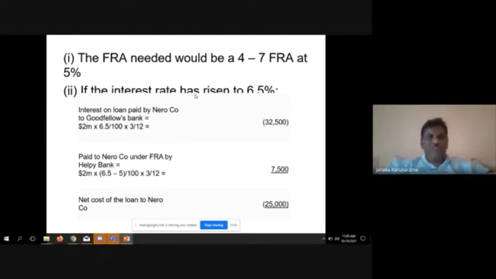So my net cost of the loan is 25,000. So basically, through the FRA, I have avoided a substantial amount of additional interest that I would have had to pay if I had not entered into a forward rate agreement, right?